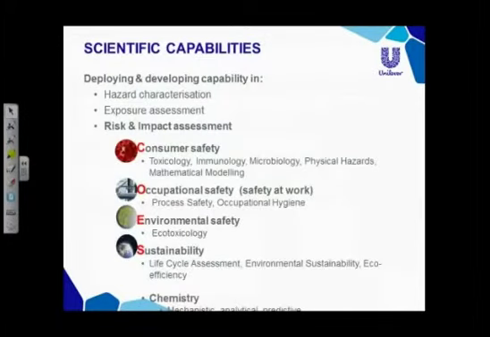So all of us are employed really for assessing these ingredients, and we tend to think in terms of what we would say is COE&S. So we're always considering the potential for consumer safety, and certain headings under that: toxicology, immunology, microbiology, physical hazards of things. If you come up with a fancy new top or a lid on something, is that going to be a choking hazard for a child or whatever? We're also, in the O, thinking of the occupational safety.